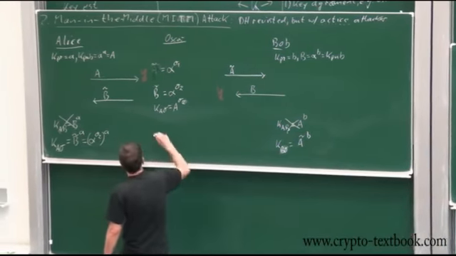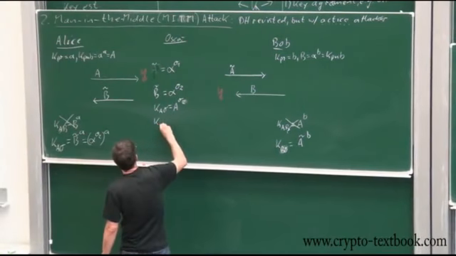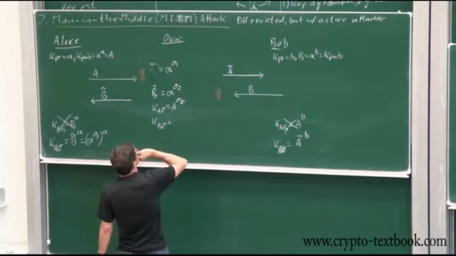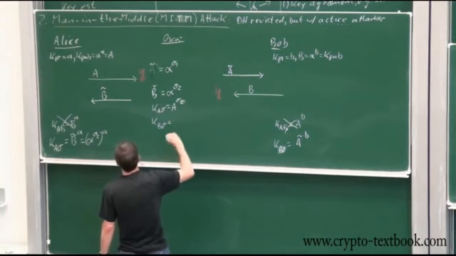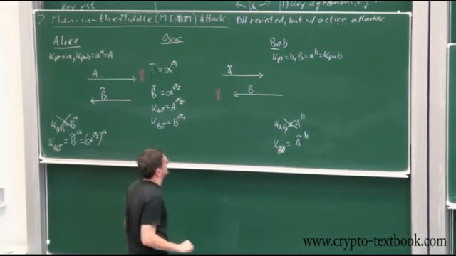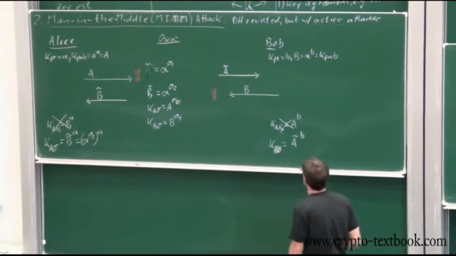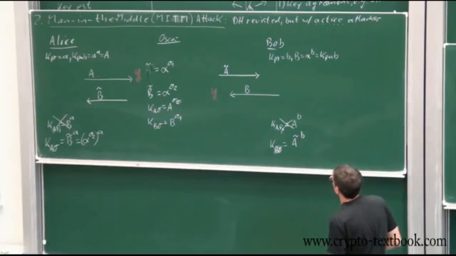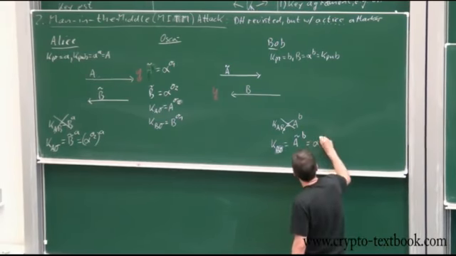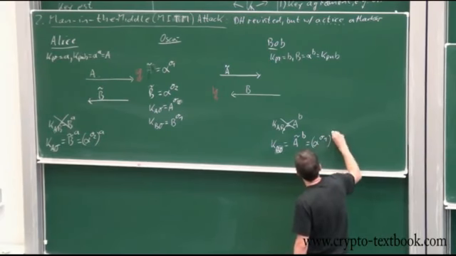Oscar can do the same trick again. He can compute the same session key, KBO, which is raised to the O1 power. Is this right? What happens here? Yeah, this is alpha to the O1 raised to the b's power.